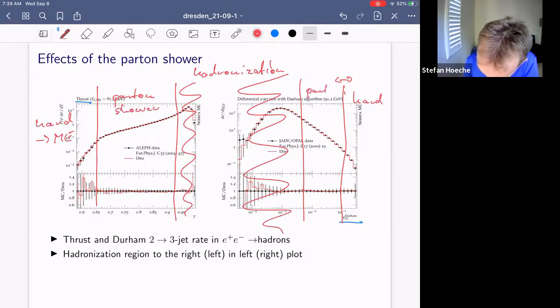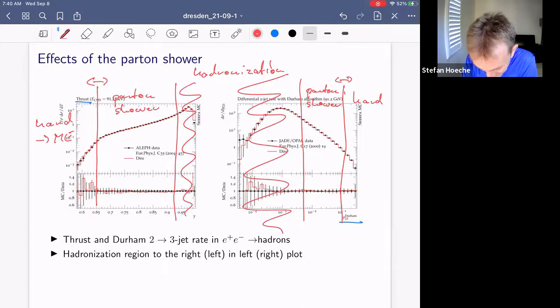Now you will hear in the next lecture by Simon that you can actually wiggle a bit, because the parton shower is an approximation of an all-orders calculation in perturbative QCD. You can shift things around between the hard matrix elements and the parton shower. So this boundary is flexible.